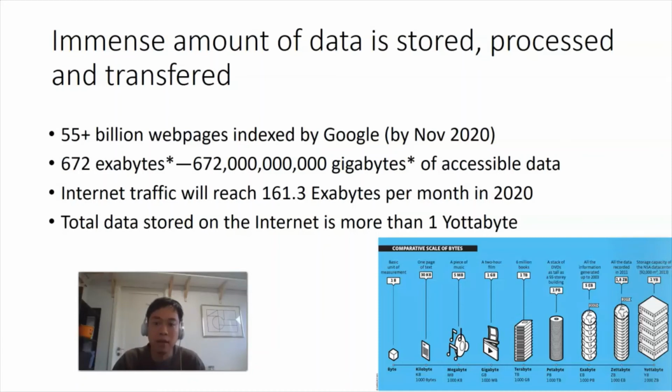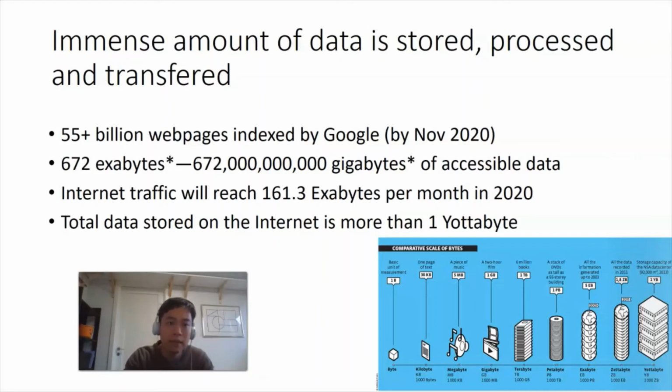I think a unit larger than gigabyte is not very common, you do not hear it if you're not in the IT domain. So, for example, after gigabyte we have terabyte, then petabyte and exabyte. After that we have zettabyte and yottabyte. So total data stored on the internet nowadays is more than 1 yottabyte. It's really a lot of data that maybe many of you cannot imagine.